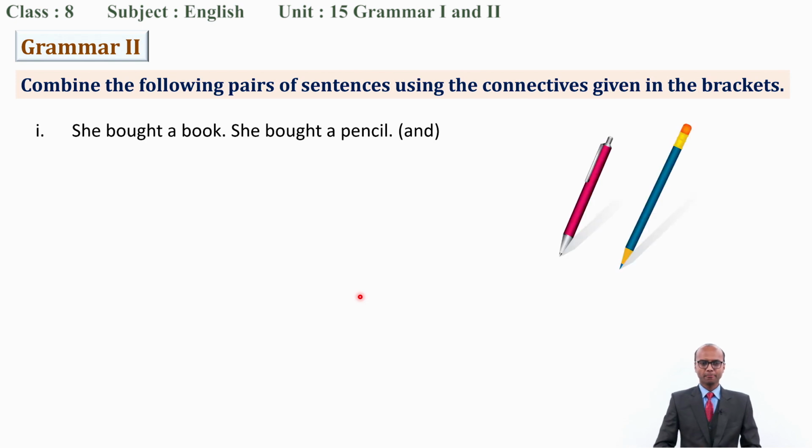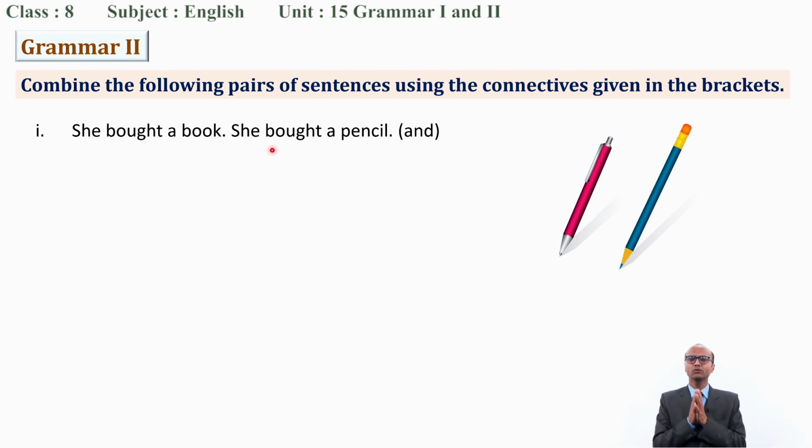Next one. She bought a book. She bought a pencil. Okay. And you have to connect these two independent sentences with and. Now please tell me. Oh, that's very good. She bought a book and she bought a pencil. Yes?